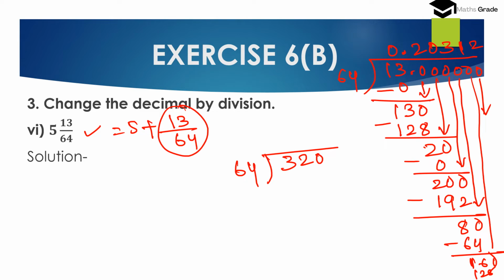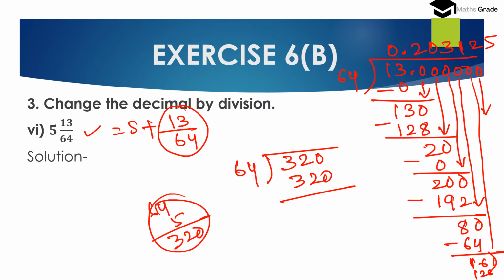In the table of 64, if we multiply 64 with 5, 5 6s are 30 and 5 4s are 20, 30 20, 320. So 64 multiplied with 5 is 320. Now 320 minus 320 is 0. So the decimal is 0.203125.